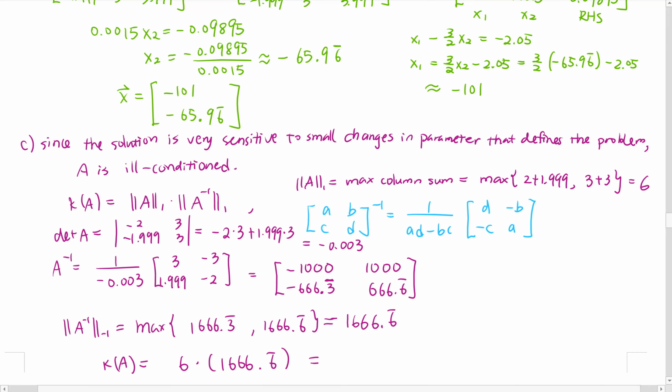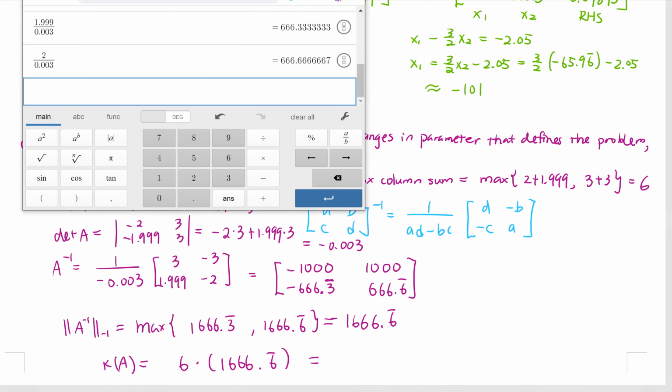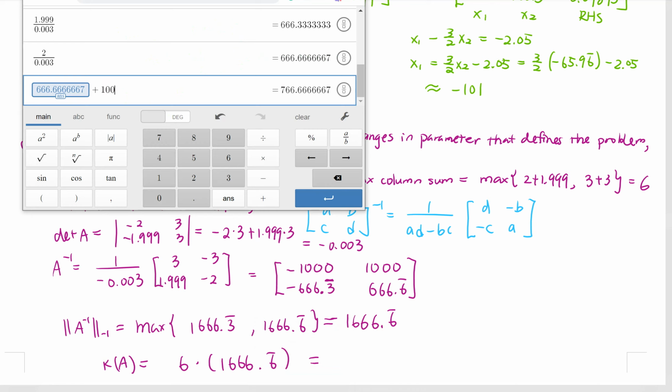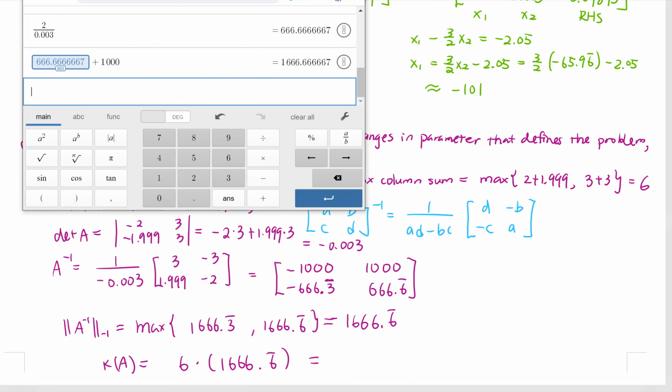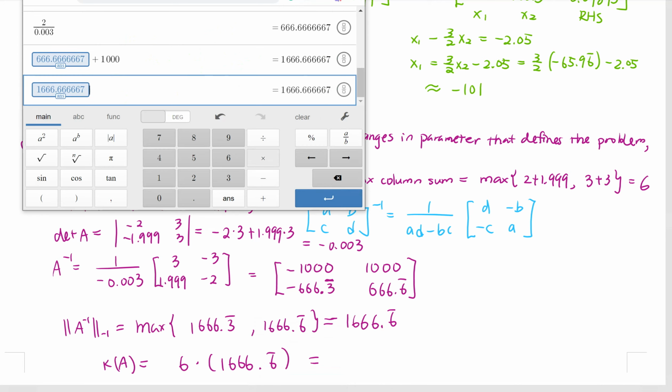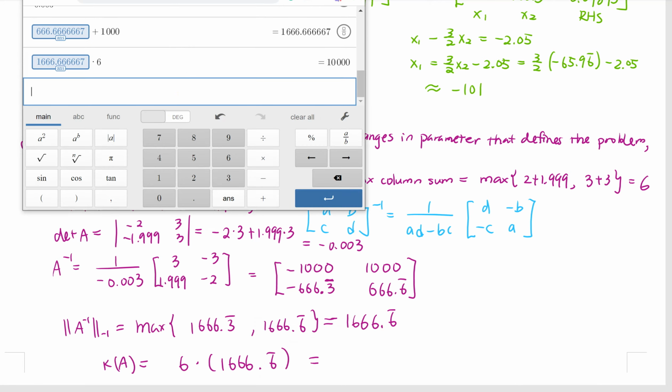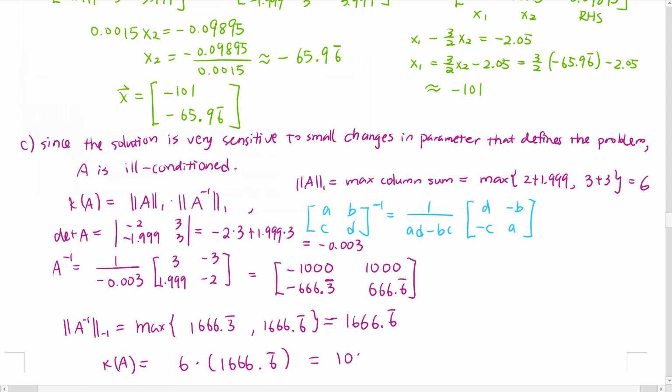Well, what is that number? We get 1666.6 repeated, times 6. You see, 10,000. And this is so large. So the condition number is large, and then we get that matrix A is ill-conditioned.